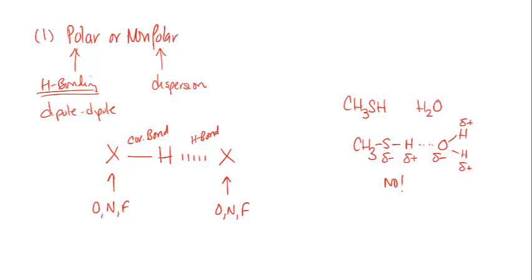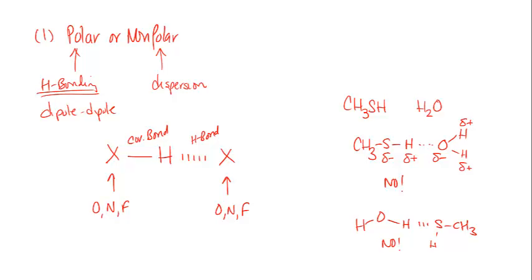The same thing would be true if I took one of the hydrogens on the oxygen and asked, is this a hydrogen bond? The answer is no, that's not a hydrogen bond either, because the hydrogen would have to be hydrogen bonded to sulfur, but sulfur is not oxygen, nitrogen, or fluorine.